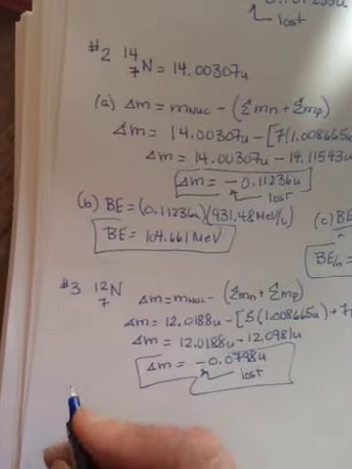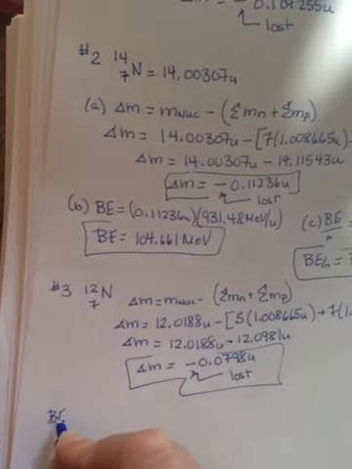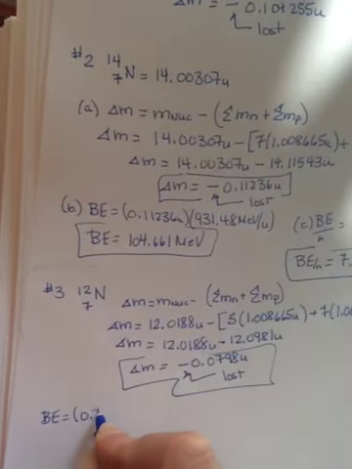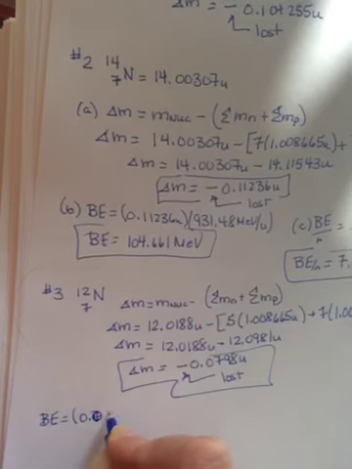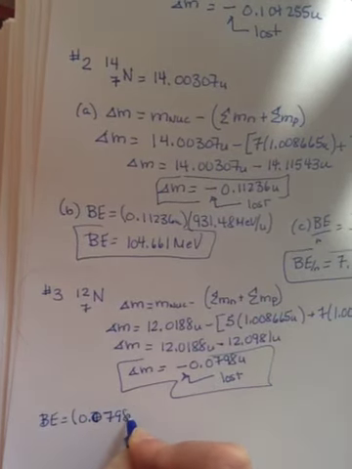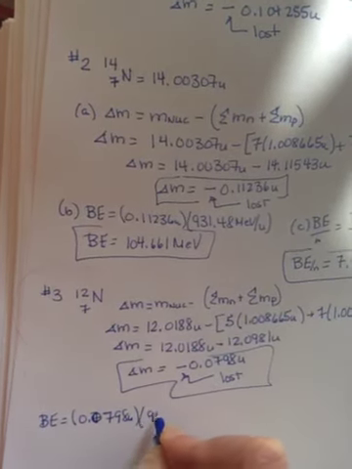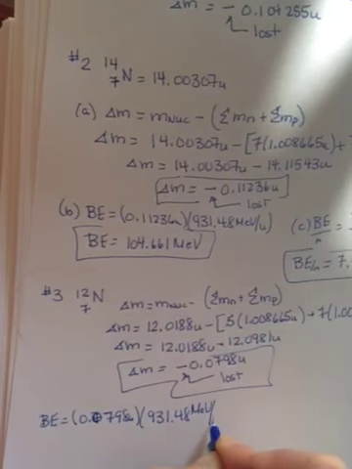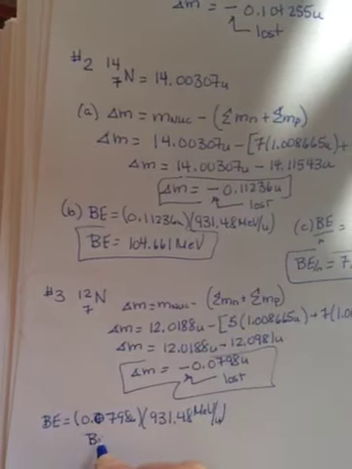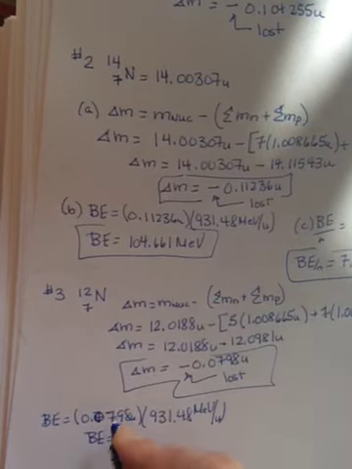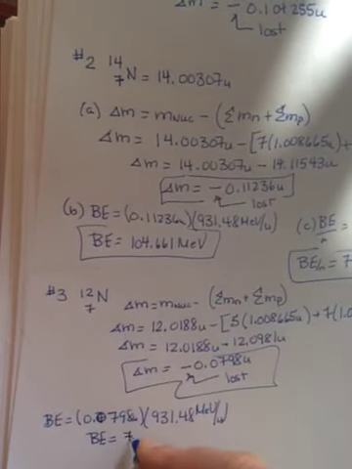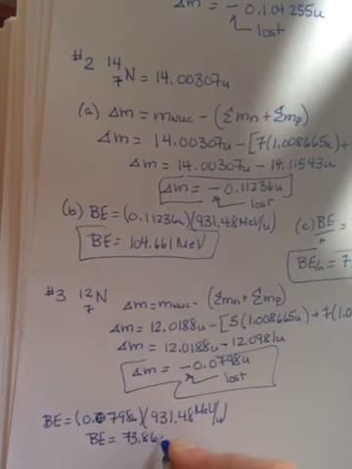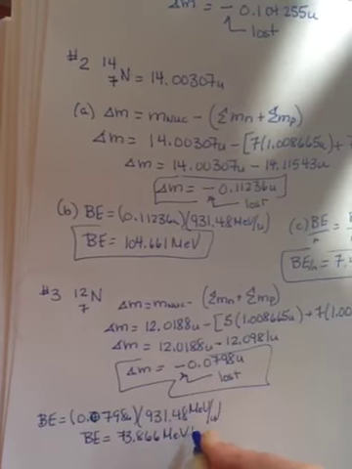Okay, so now we go to binding energy, and so it's going to be equal to that 0.0798 U's times 931.48 mega electron volts per U. And you should get a binding energy of 73.866 mega electron volts.